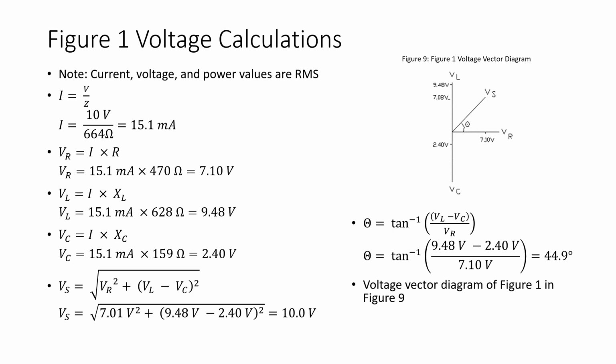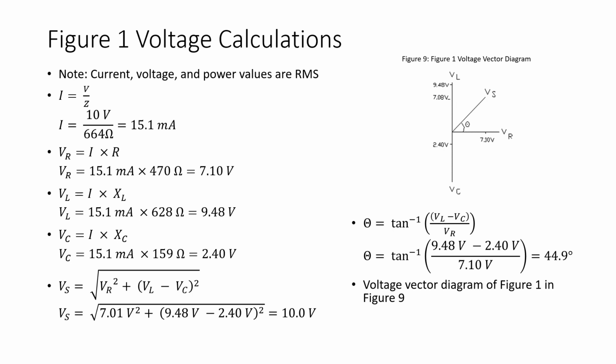And the voltage across the capacitor is I times X sub C, 2.40 volts. Now, just as a check, we find the vector sum of these voltages, the square root of VR squared plus VL minus VC squared, to ensure that we haven't made any math errors in calculating current and or the voltages. And again, we see that we end up with a vector sum of 10 volts, so we feel confident that we have not made any mistakes.